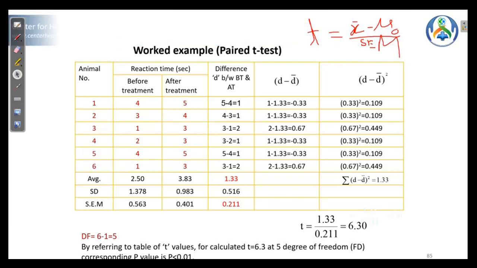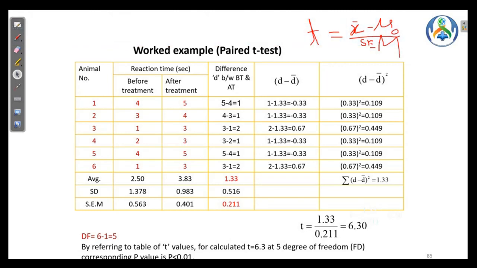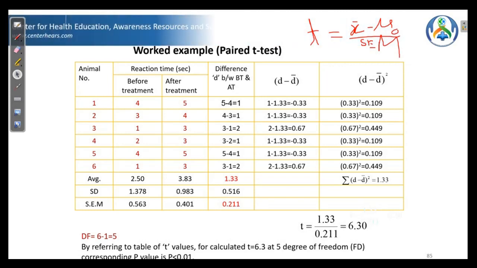So x bar minus mu naught divided by SEM. First we have to finish this SEM part, because SEM contains SD. The SD formula is still a big headache.